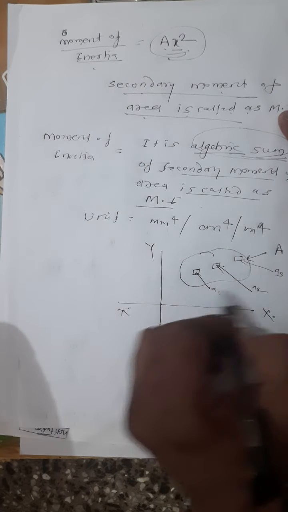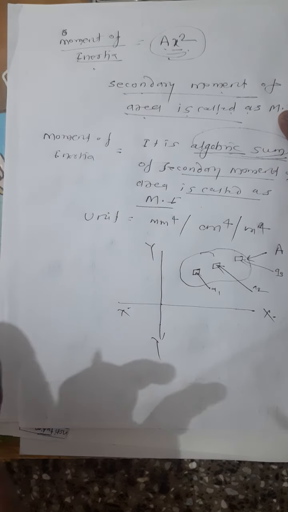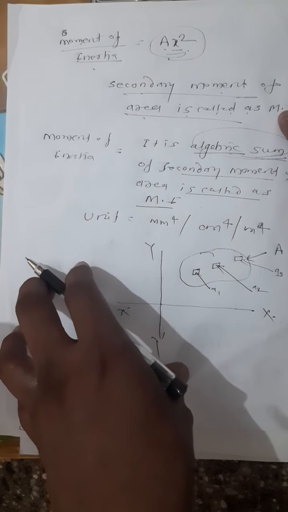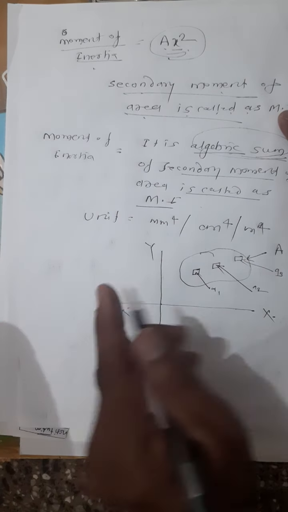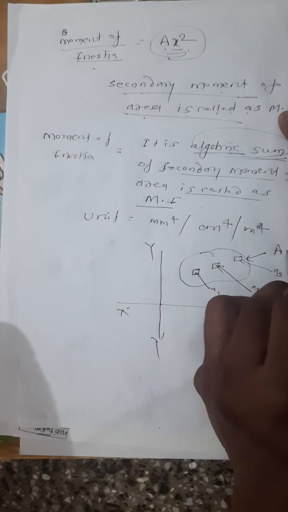In this total area there are a number of small areas, but just for getting the concept clear, I am going to assume only three elementary areas. Actually there are many areas, by which it becomes the total area.